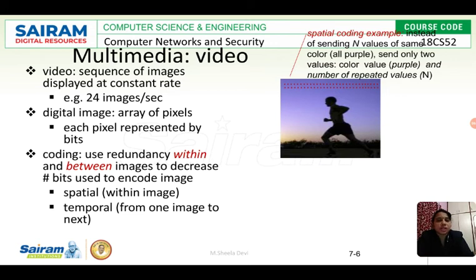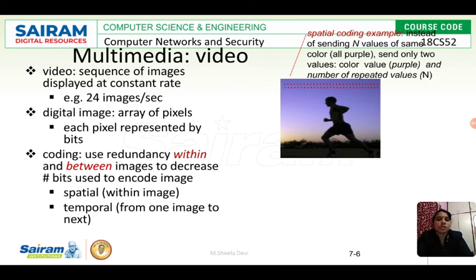We have to give only two parameters: the color and how many times the same color is repeated in that image. If you give that, that is enough. That is why it is called spatial coding. It is done only within the image.